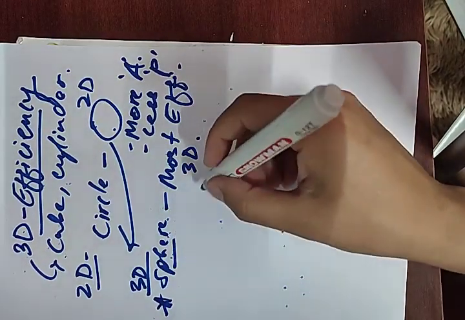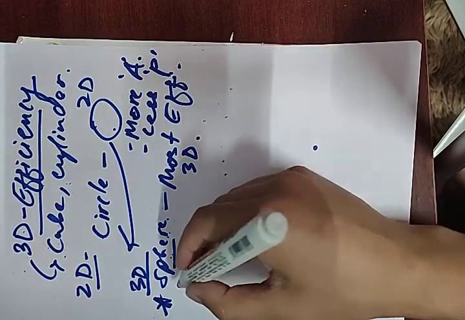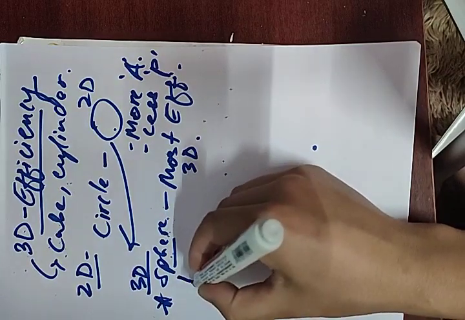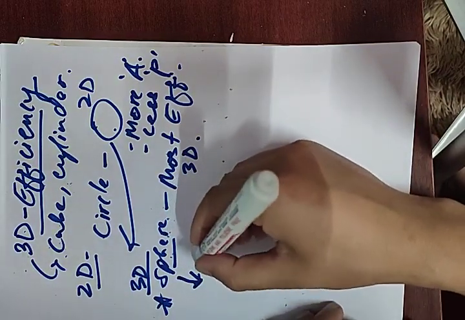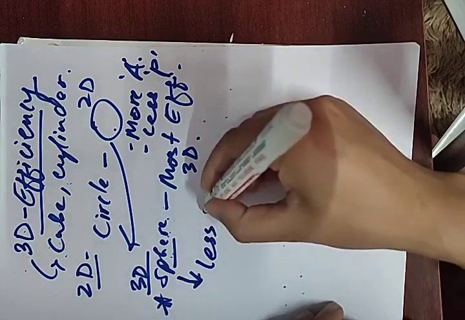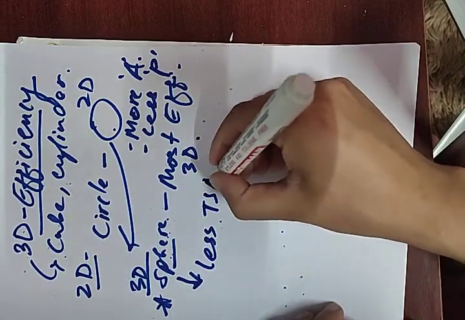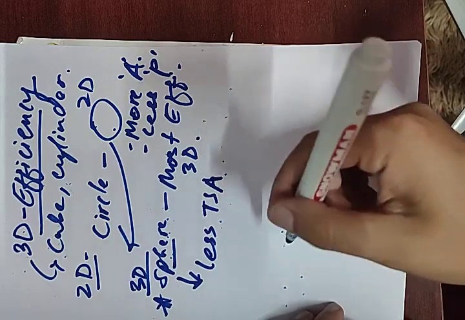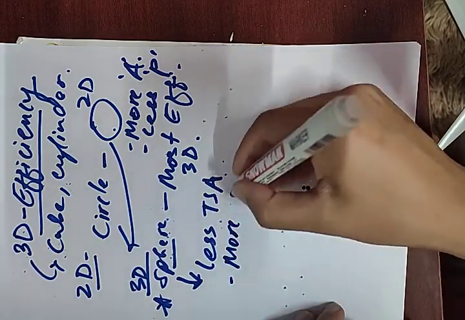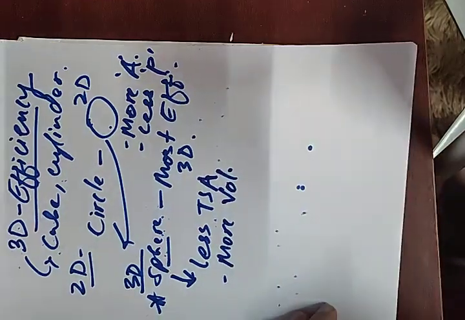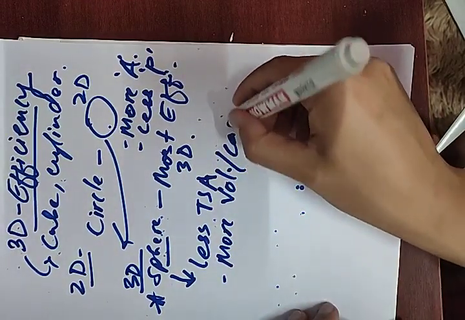Now for this sphere, we can say that it has less total surface area, TSA, and it has more volume or more capacity.